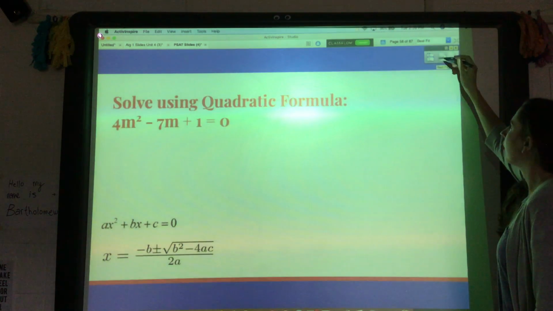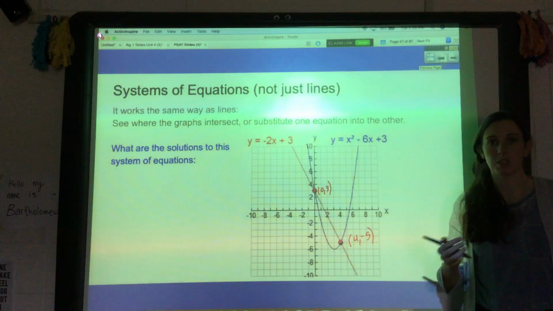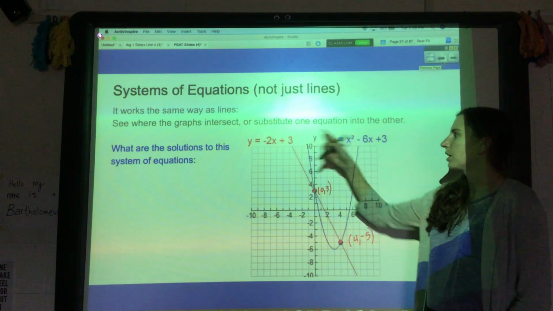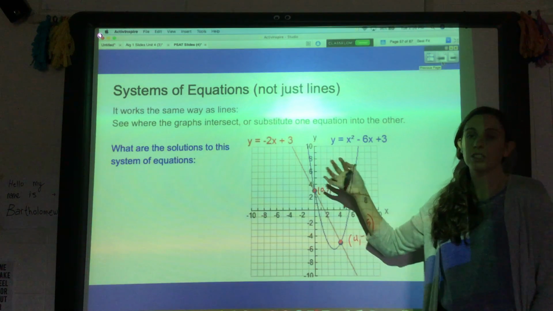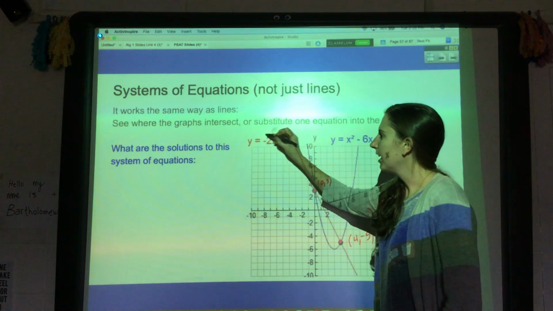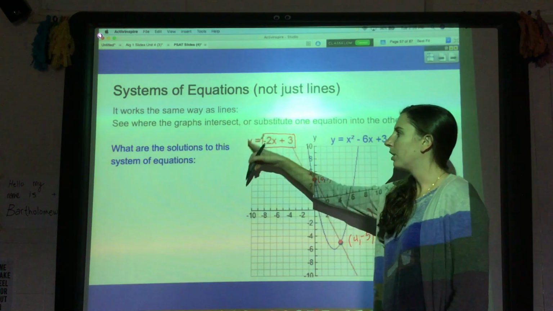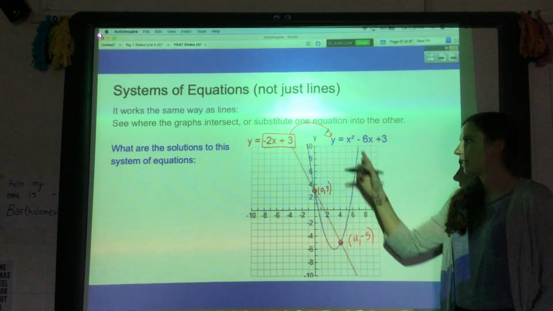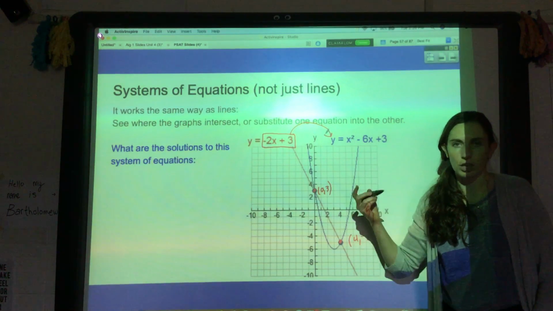You could also use the substitution method. For example, if I wanted to substitute one of these equations into the other, I could take this and substitute it for y in this equation. Basically, since they both equal y, then they could equal each other.